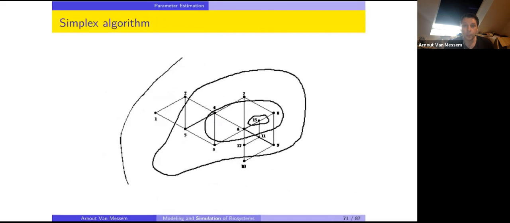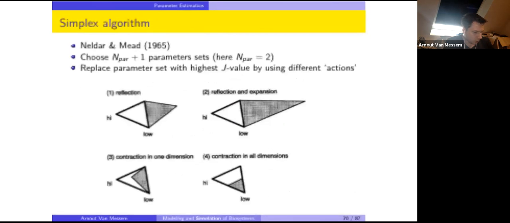No. It's always one of the actions at a time. The simplex algorithm is very difficult to understand, I know. I saw it as a student as well. It was one of the hardest things in the course. The basic idea is that you can only do these 4 actions one by one.